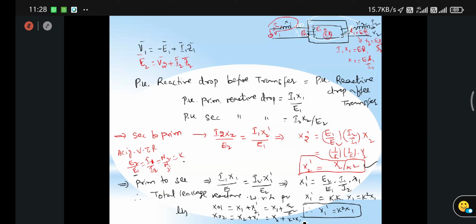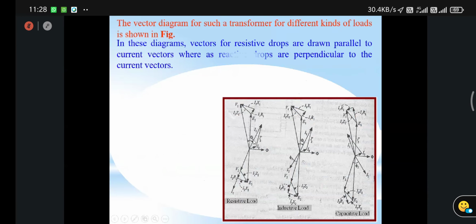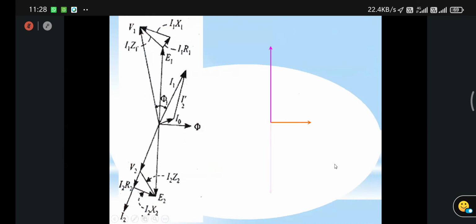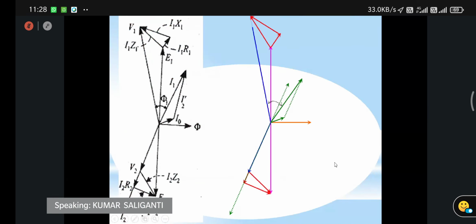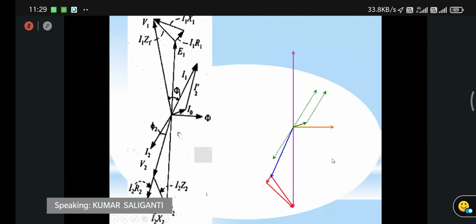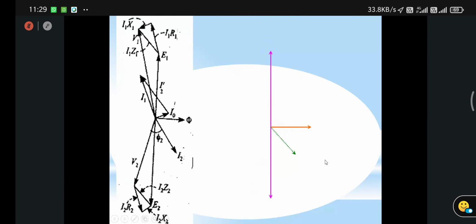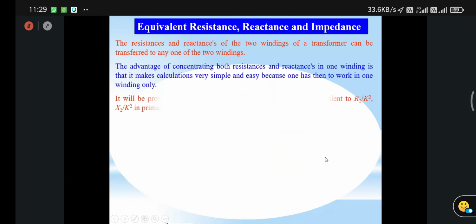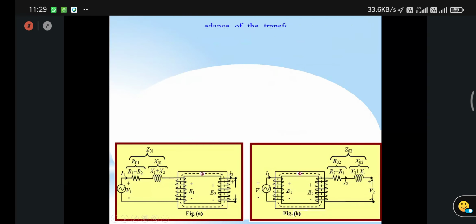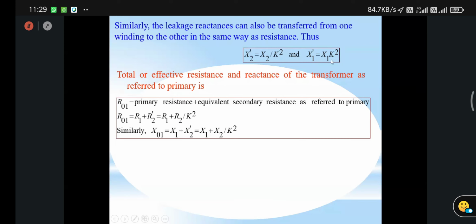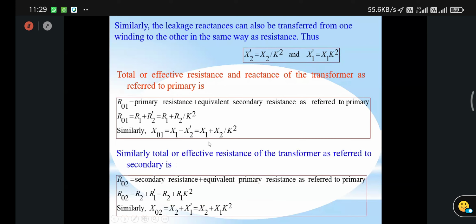Have you understood these points, dear students? With this I conclude my lecture because we have a phasor diagram. Here I am adding I1 X1, and this is the phasor diagram. After this I will discuss these phasor diagrams and equivalent resistance, where you can see X2 by K square and X1 equal to K square into X1.